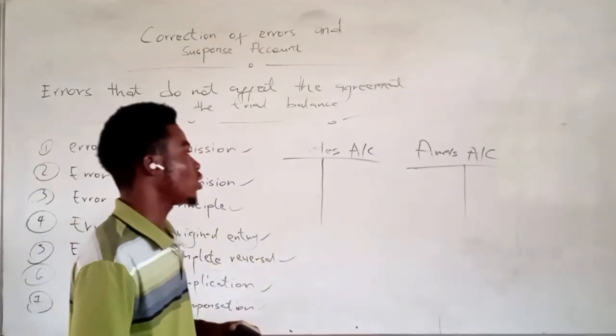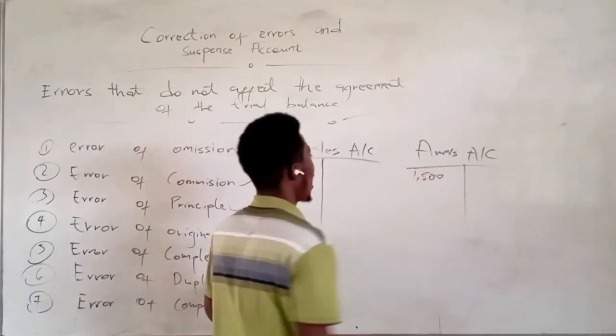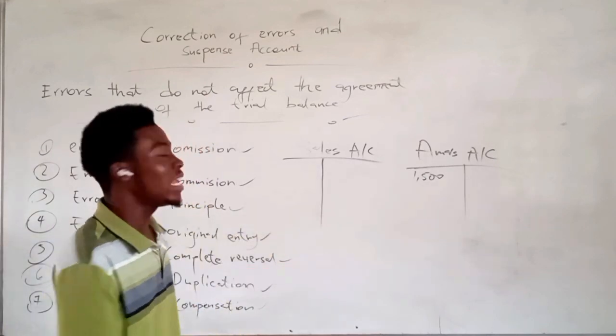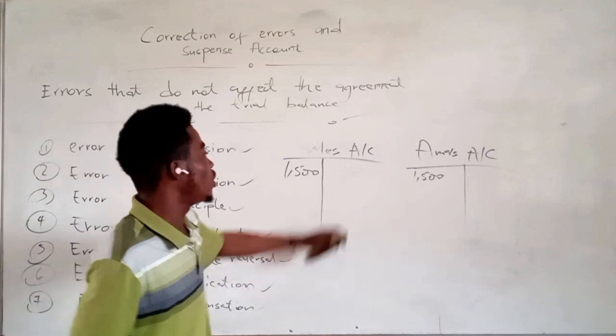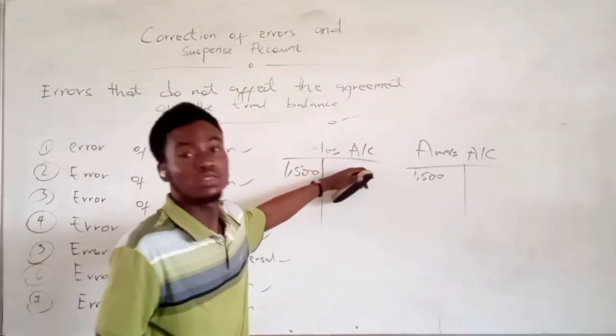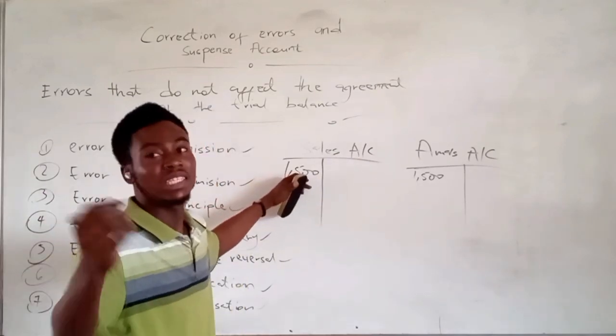So you are supposed to what? Debit Amex account with 1,500 and credit sales account with 1,500. But we didn't credit sales account, we rather debited sales account with 1,500. So in order to correct this, you have to double this amount and then credit it to sales. That's 1,500 times 2, to make it 3,000.